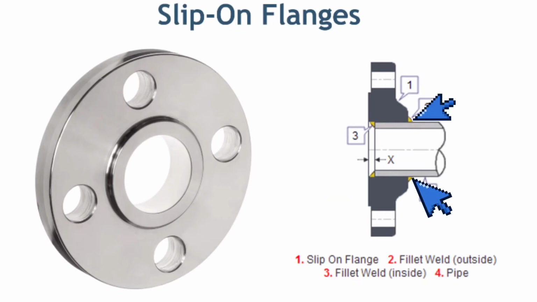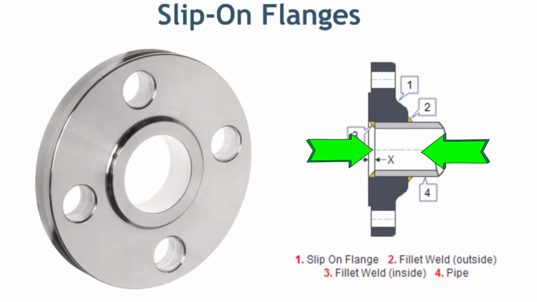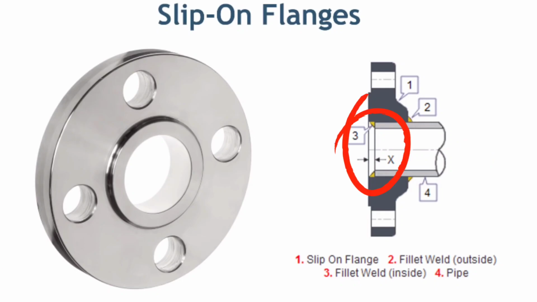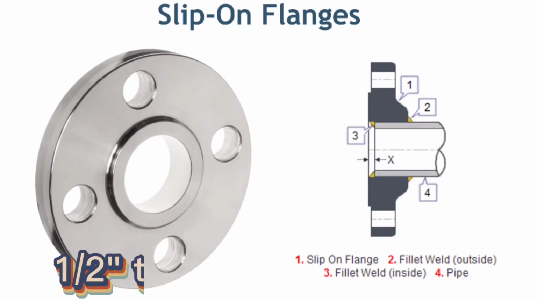The inner bore of the slip-on flange is a little larger than the pipe OD, to make sure the pipe or fitting end can slip into the flange. The slip-on flange is fillet welded to the pipe or fitting. No need to do the bevel end, just square end is okay for welding. Common outer diameters, 1/2 to 24.